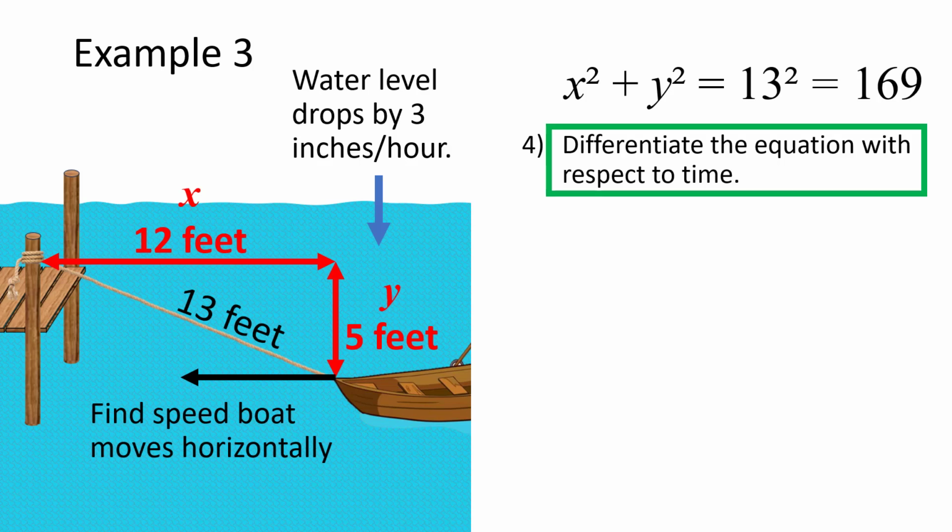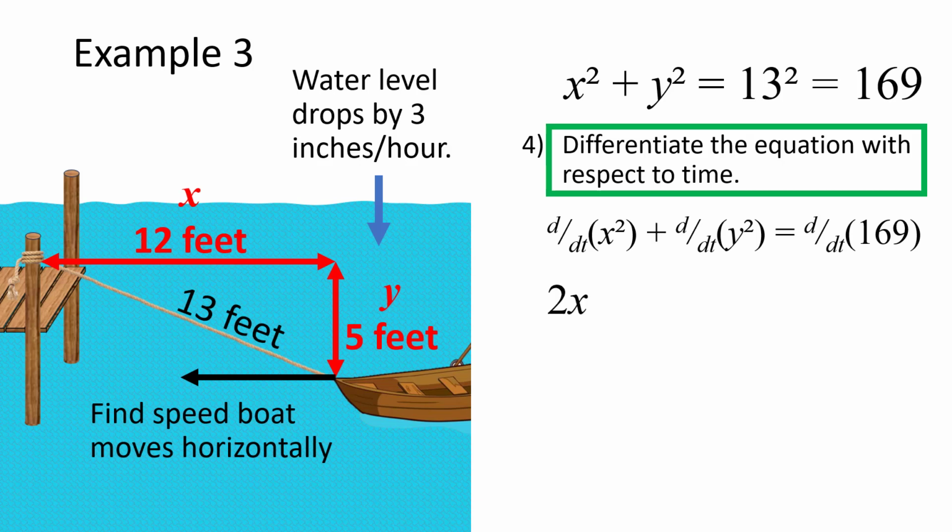Next, we differentiate both sides of the equation with respect to time. This requires implicit differentiation, which is an application of the chain rule. We treat x and y as functions of t. When we differentiate x squared, we get 2x. But then, we have to multiply that 2x by the derivative of the quantity inside that square.